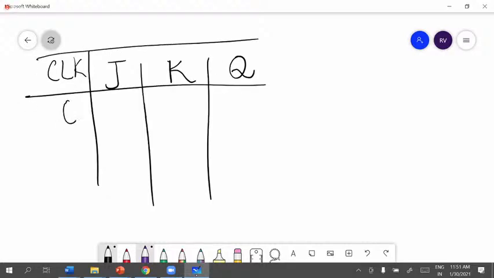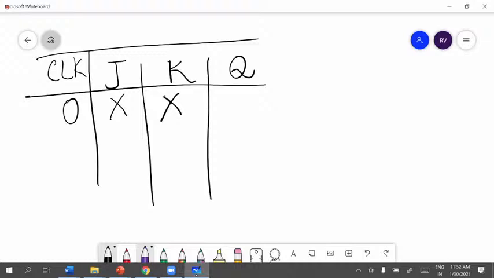You just tell me, when clock is 0, whatever may be this, whether it is 0 or 1, what condition do you get? No change. That is also known as hold state, right? Consider that as a NOR latch.